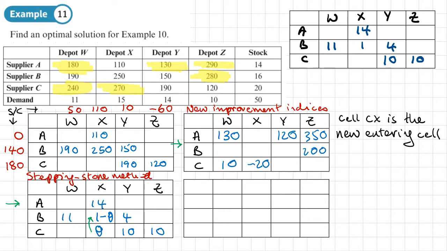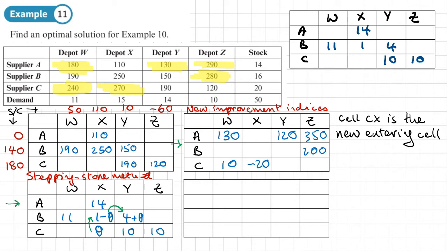Okay, from there I'm going to step across to this cell, and I need to keep this balance. You can see that it's not balanced, it's not the same total as it was before. We need the total to be 16. It's actually 16 minus theta. So next to that 4, I'm going to put 4 plus theta. That means this column is now unbalanced.